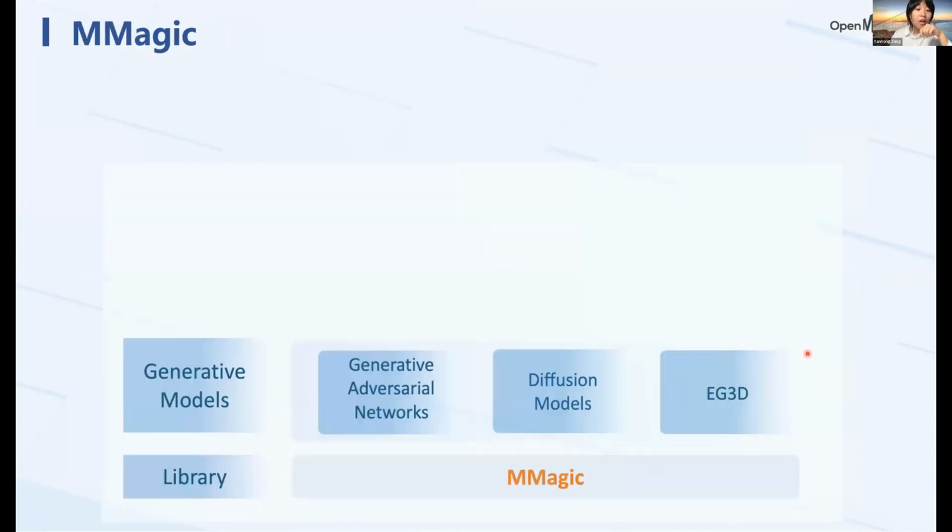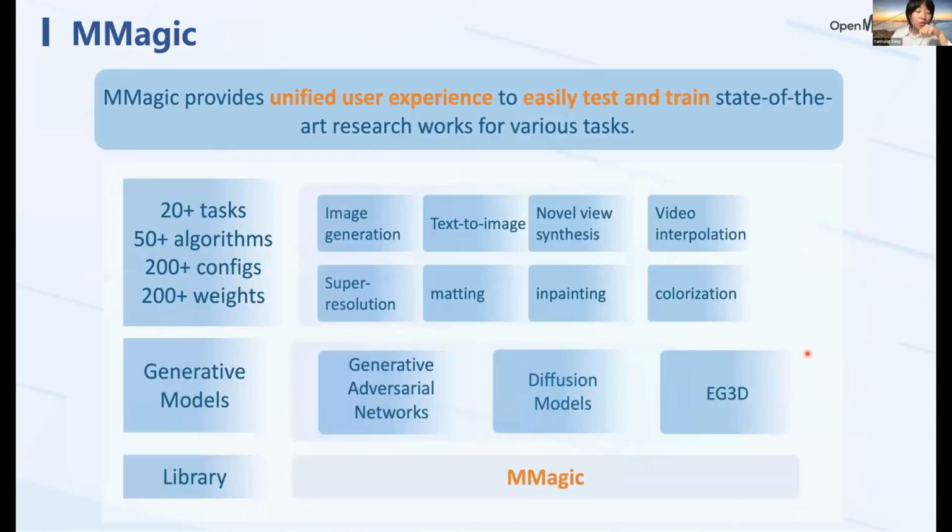So in a word, MMagic is an open source library that supports many different generative models. And with these powerful generative models, MMagic supports more than 20 tasks and involves more than 50 algorithms. It provides more than 200 configuration files for easy training and testing of models, as well as 200 pre-trained model weights.